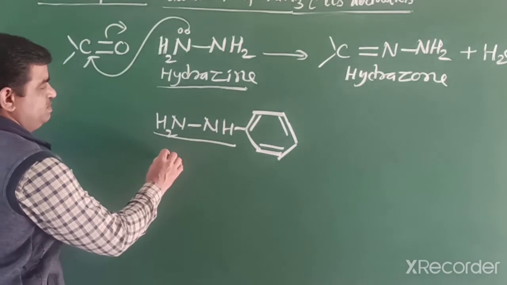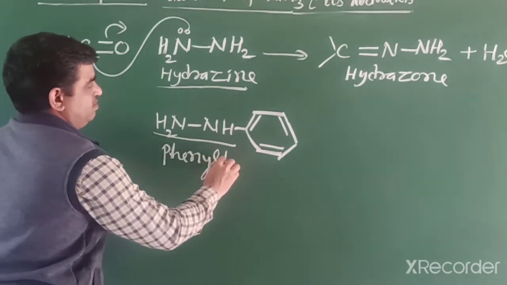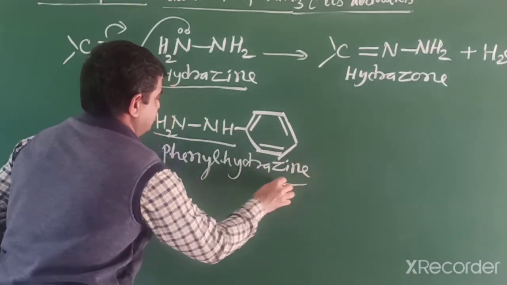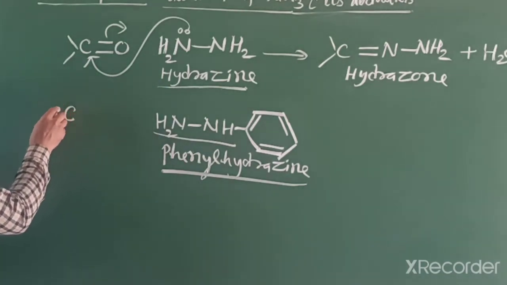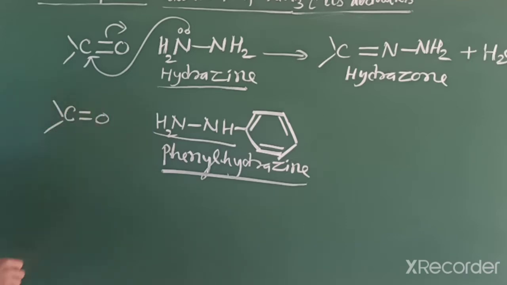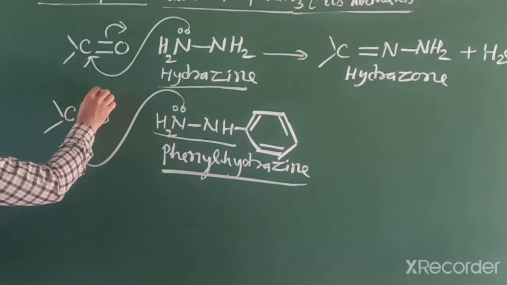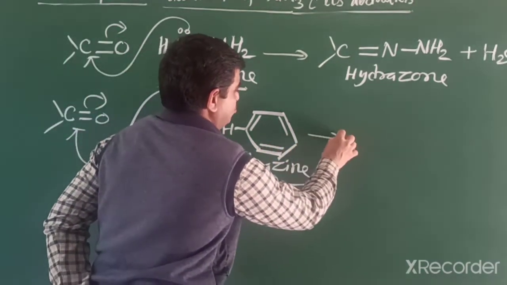When phenylhydrazine reacts with a carbonyl in a similar way, we get the product phenylhydrazone.